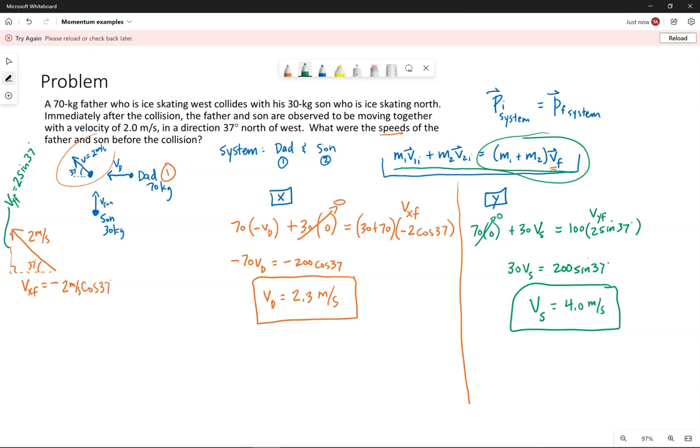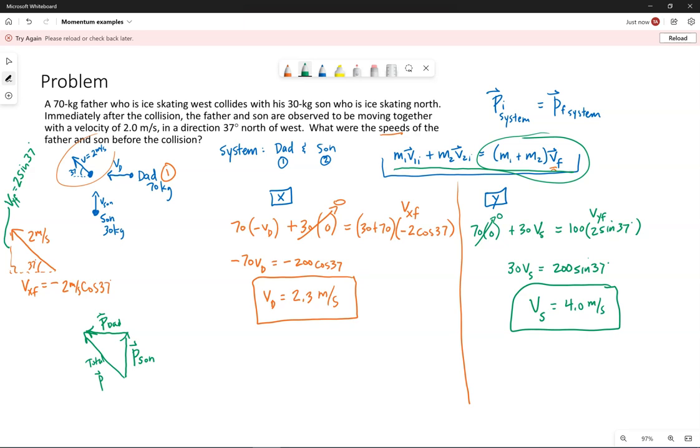But again, to get an angle of 37, ultimately we could draw a triangle that represents the momentum of the son plus the momentum of Dad. Those are adding to the overall total momentum.